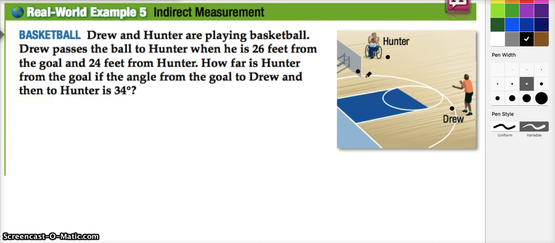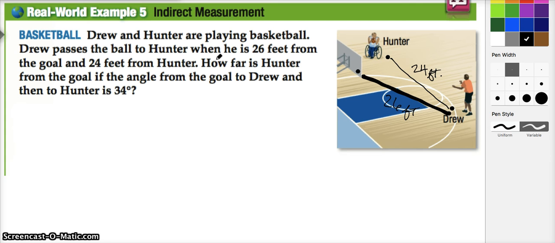So from here to here is 26 feet. Can y'all see that? Hopefully so. And 24 feet from Hunter, so the distance from here to here is 24 feet.